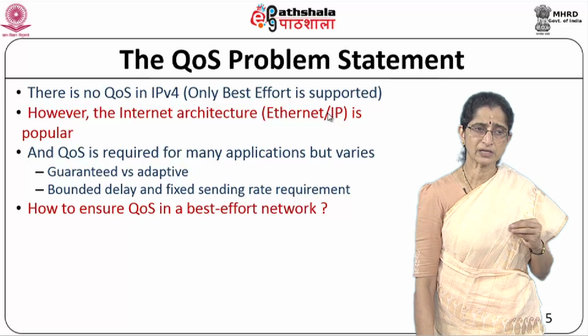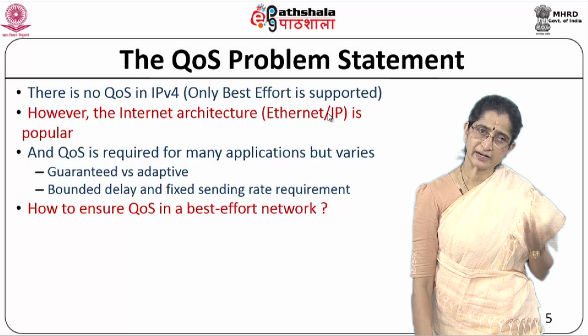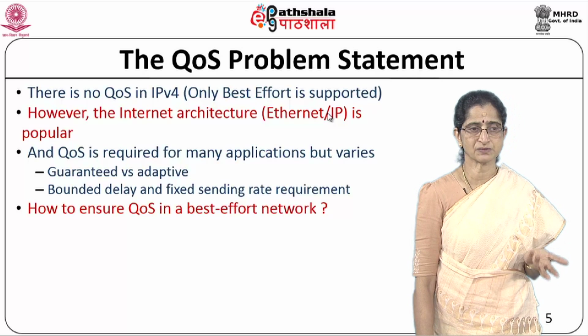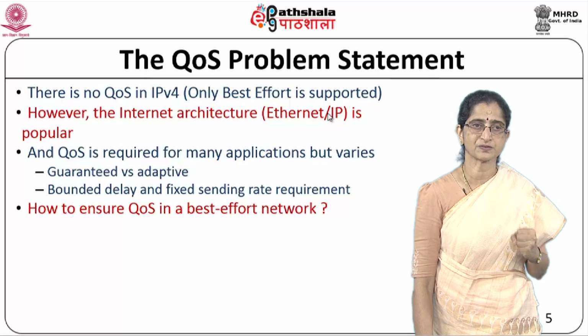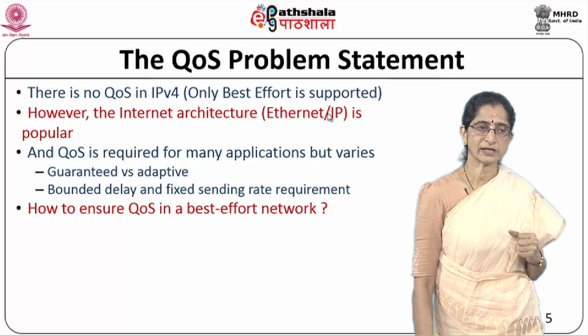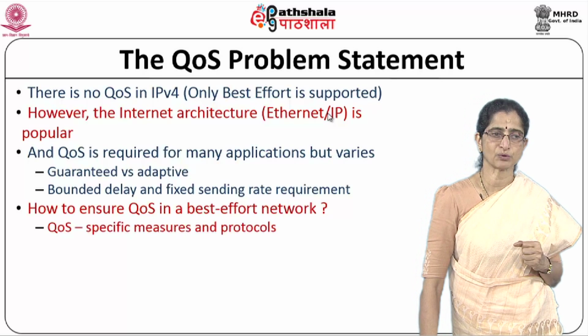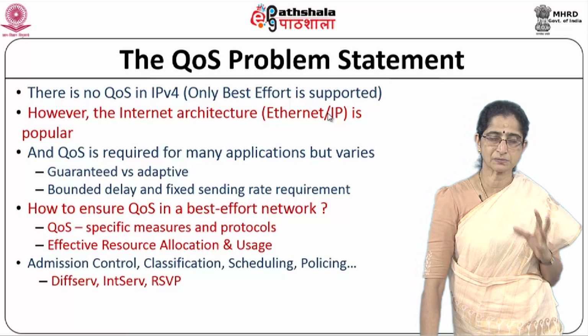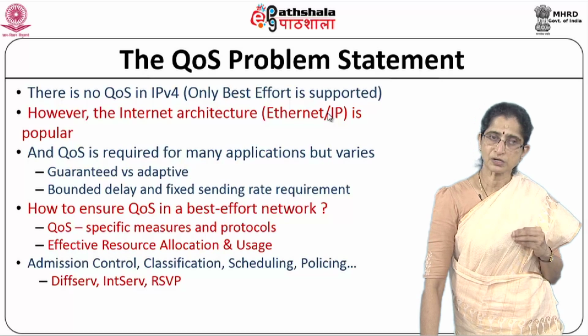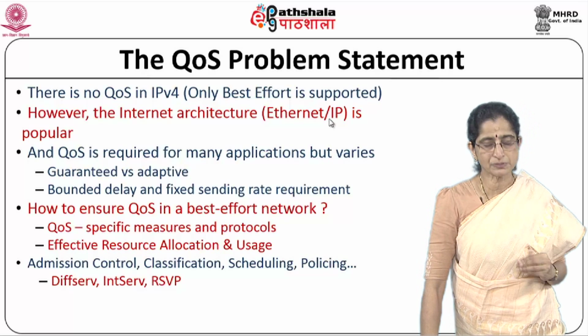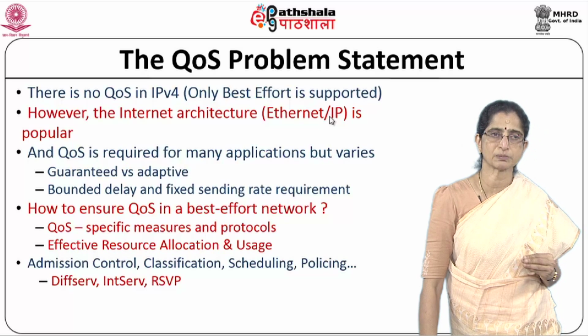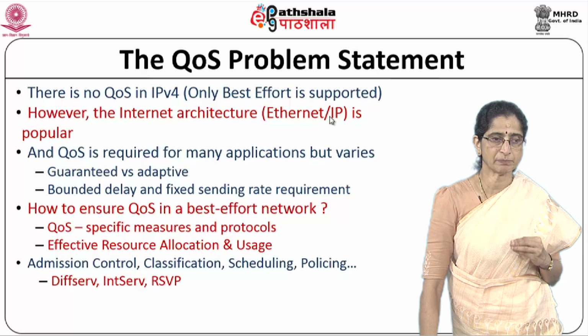Given that the network is only providing a best effort service, but there are applications which require this kind of quality of service, how do you ensure that? How do you ensure this kind of quality of service in a best effort network? That becomes the main question. So what is it that we have to do? We have to take some specific measures and come up with some specific protocols in order to support QoS over this IPv4 network.